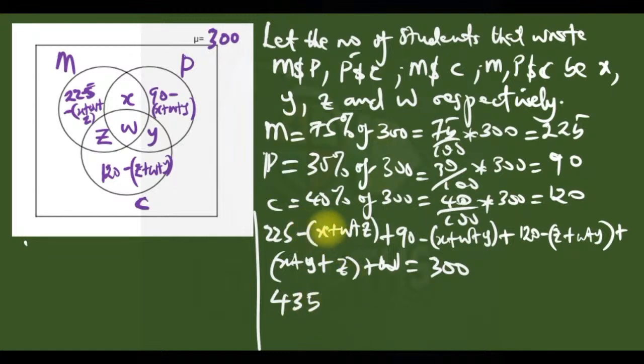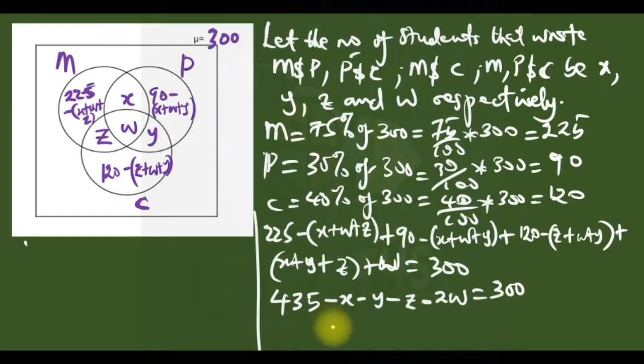Why I have minus X is minus 2X plus X is minus X, so I have minus X. Okay, let's do for Y. This is minus Y, minus 2Y plus Y is minus Y, so minus Y. Then for Z, this is minus Z, minus 2Z plus Z is minus Z. Then for W, minus W minus W minus W is minus 3W plus W is minus 2W, equal to 300.